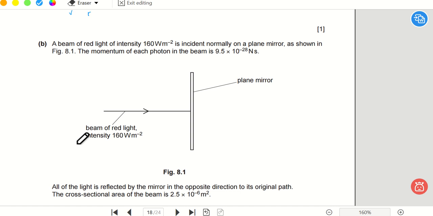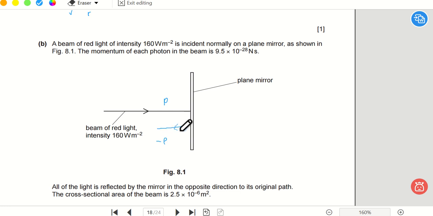You may notice that the question says the light is reflected by the mirror. When the beam is reflected, photons have momentum that is negative in sign to the momentum where the photon was falling on the mirror.